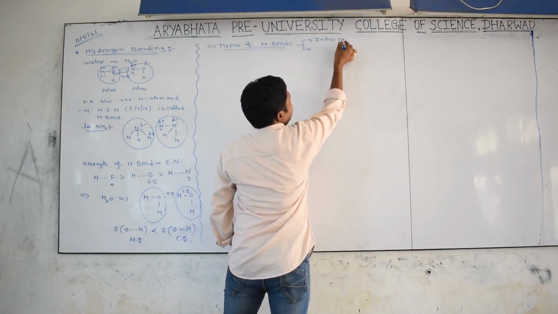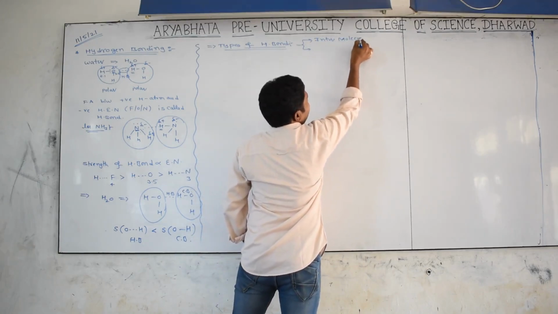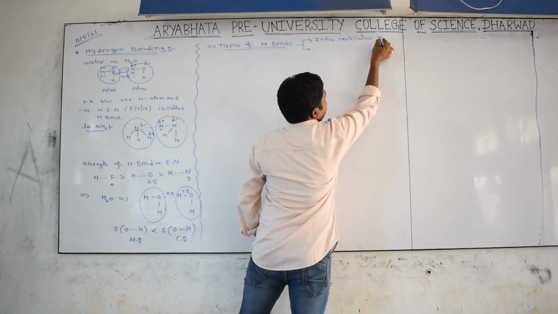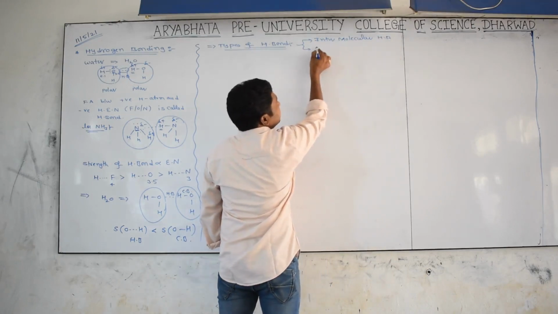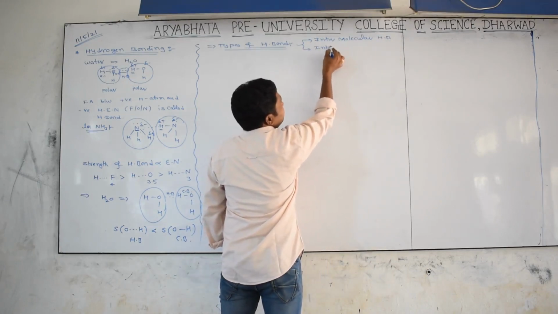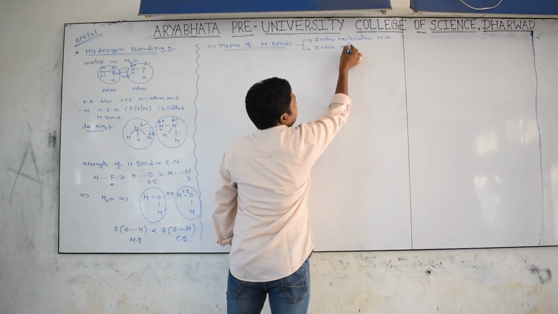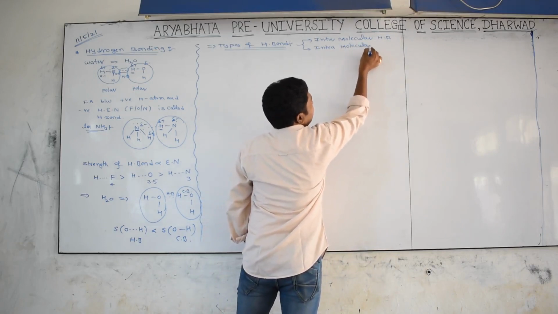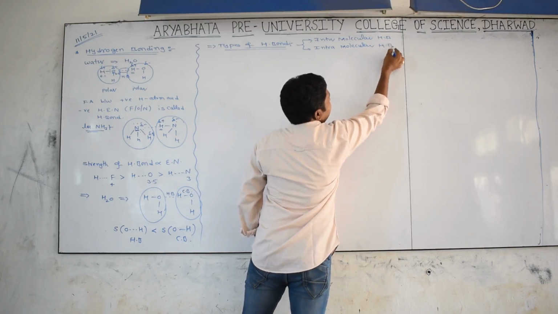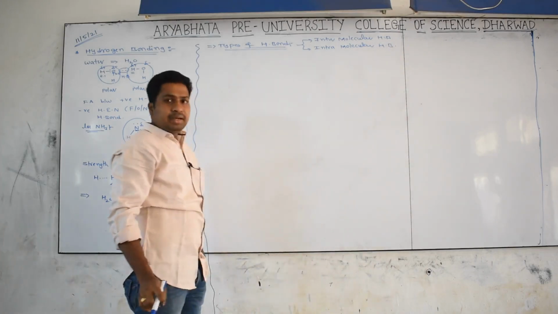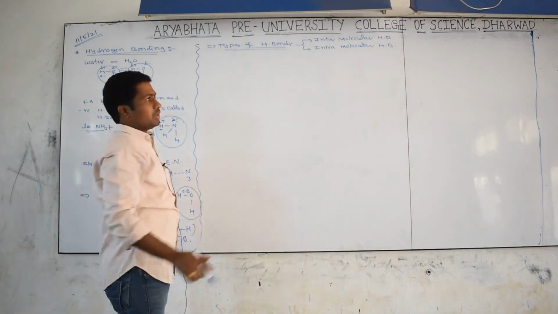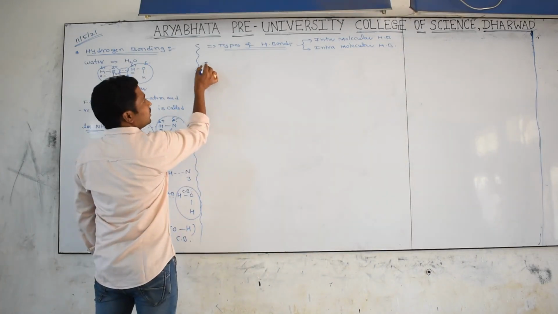Intermolecular hydrogen bonding. Another one is intramolecular hydrogen bonding. So what are inter and intramolecular hydrogen bonding? We will discuss very briefly regarding each type.